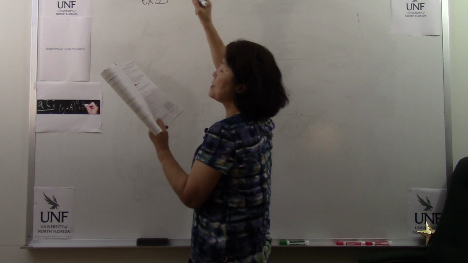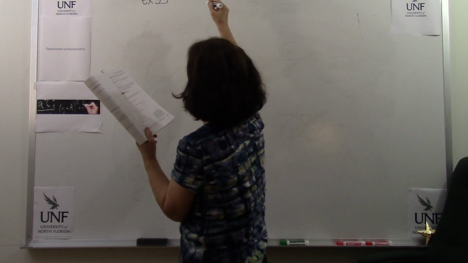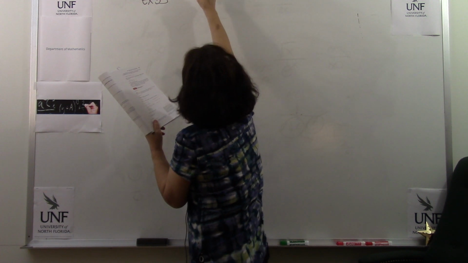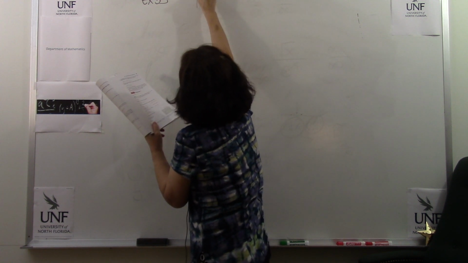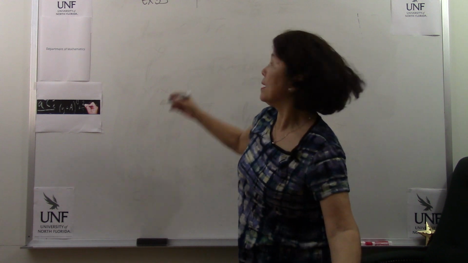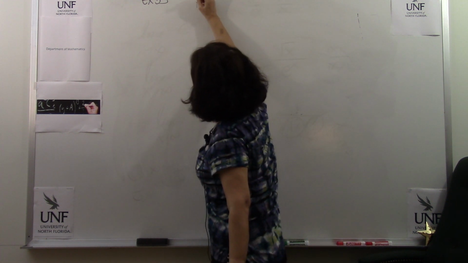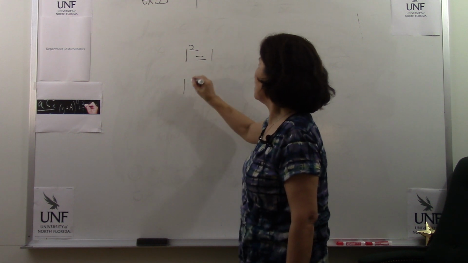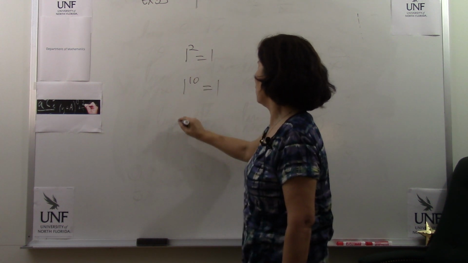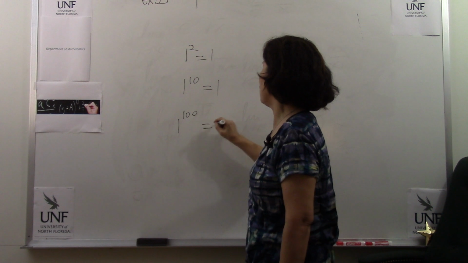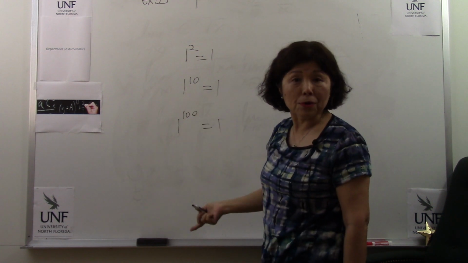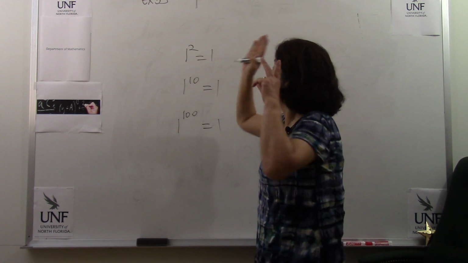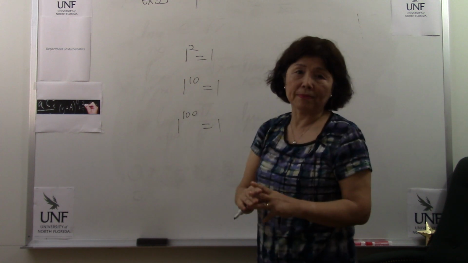Well, this one is going to be our first challenge. This time, the indeterminate form is 1 to the infinity. You are going to say, what about 1 squared, which is 1? What about 1 to the 10th, still 1? 1 to the 100th power, still 1. This is true when you have a real, flat 1.